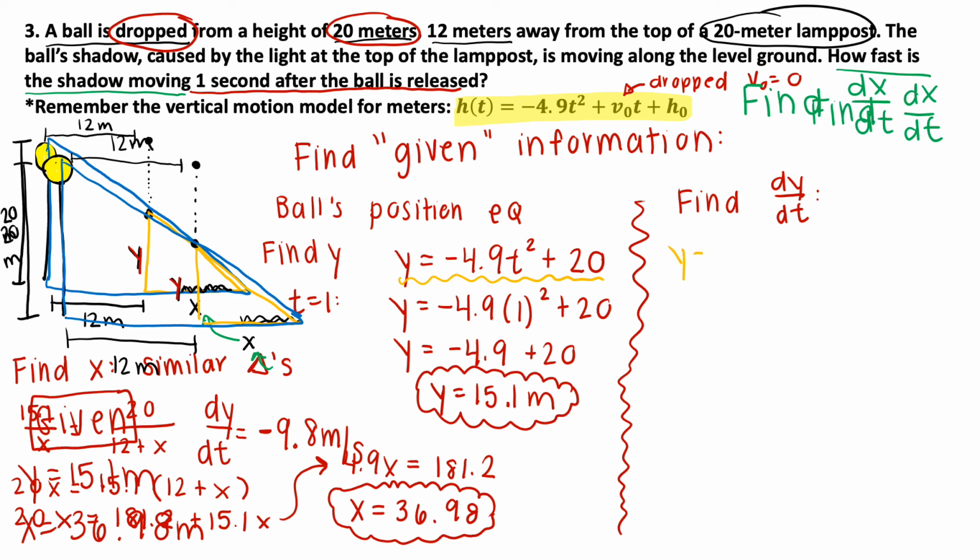So we know that y equals negative 4.9 t squared plus 20. So dy dt equals, now notice we have our t variables, so when we differentiate with respect to t here, we're not even using implicit differentiation. 2 times negative 4.9 gives us negative 9.8 t, and remember we care about when t equals 1, so dy dt is equal to negative 9.8.